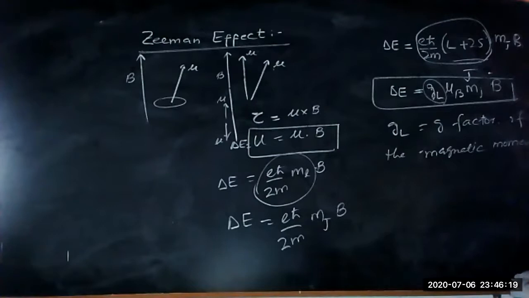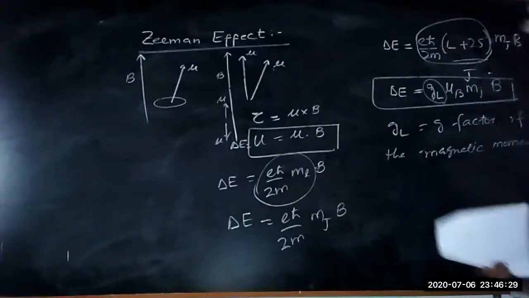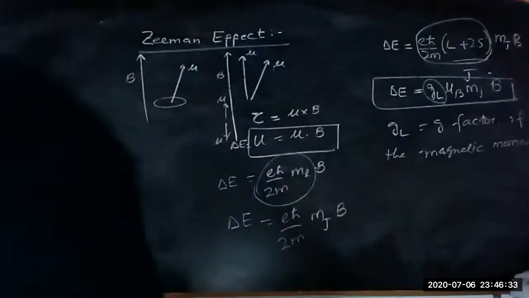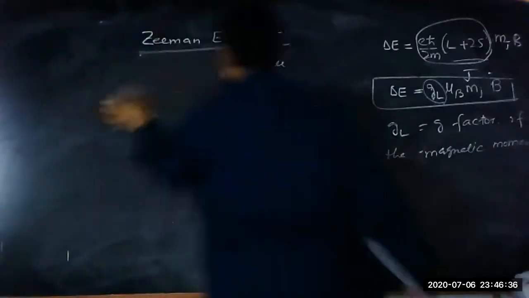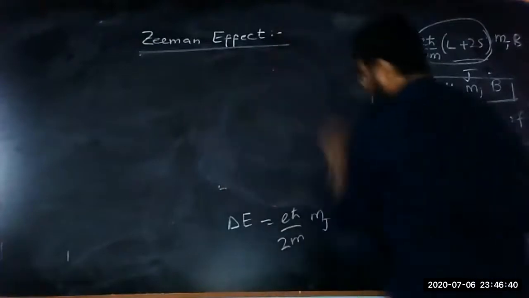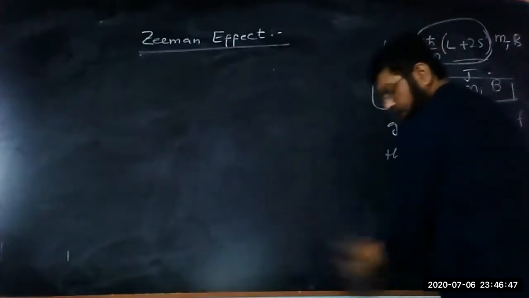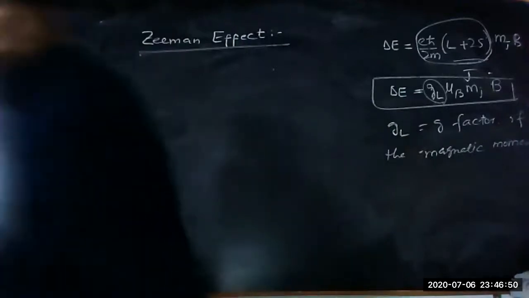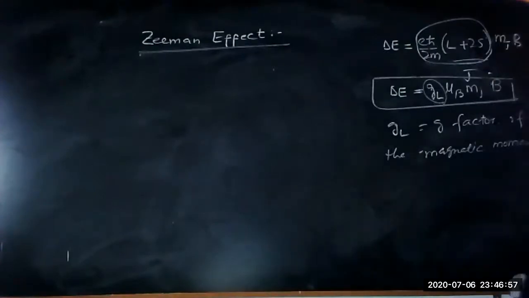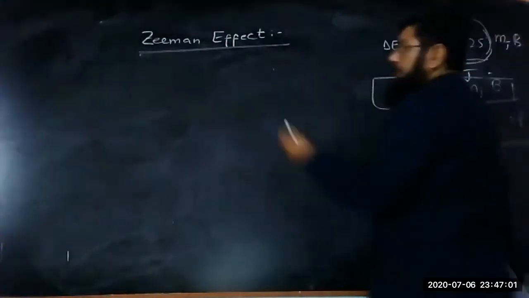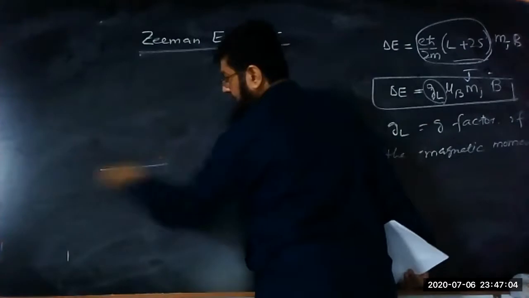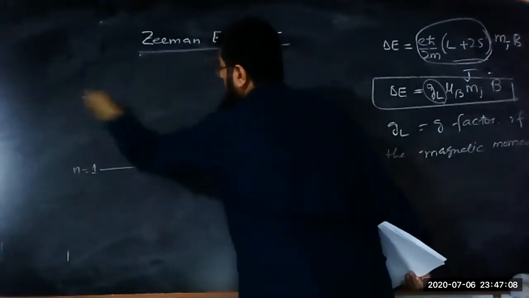For example, to understand this, if we go to the energy level diagrams, these things will become clearer. For example, let's say in the hydrogen atom, this is the n equal to 1 state, and n equal to 2 state.